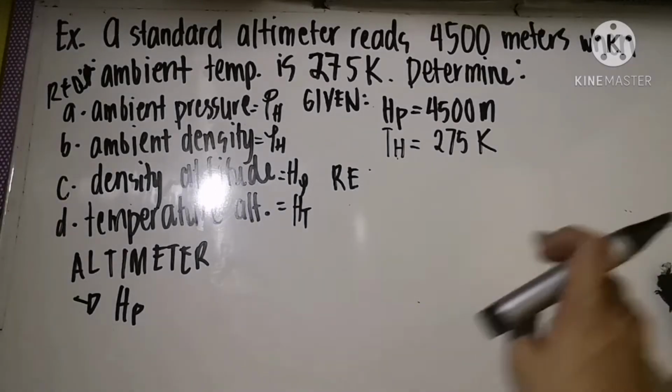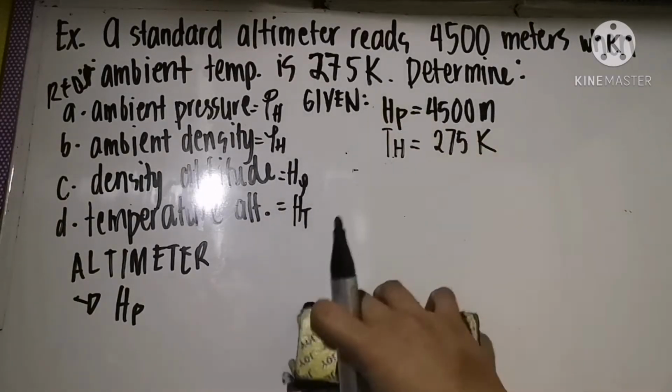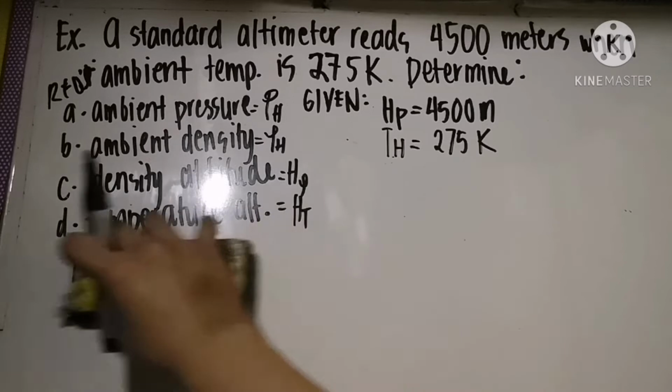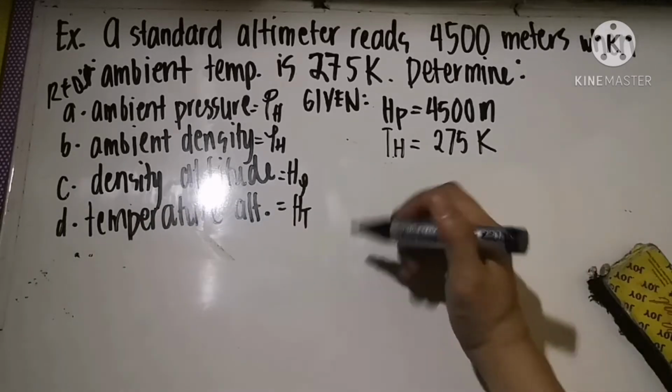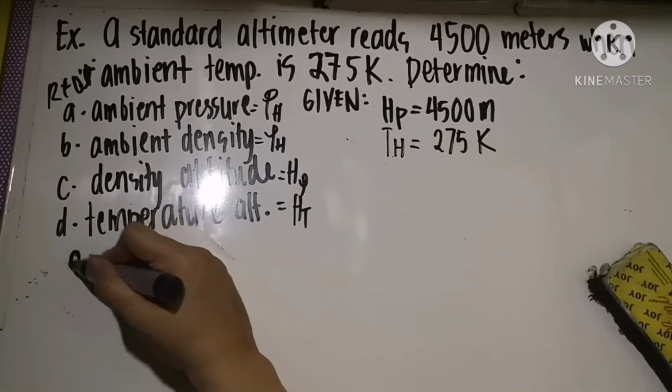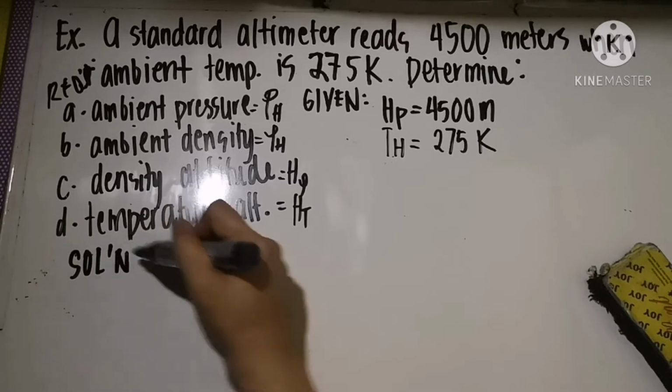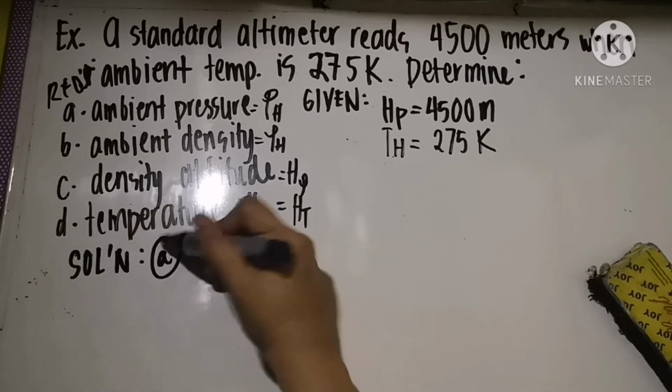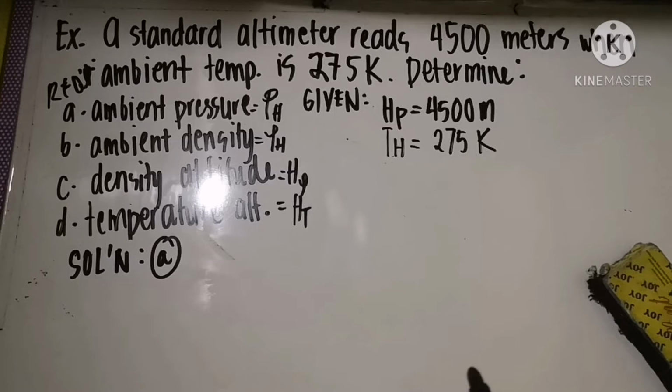Next, ay solution na tayo. So, burahin muna natin ito ang hindi kailangan. So, solution number 1. Solution for A. So, first, ambient pressure. What will be the formula for ambient pressure?